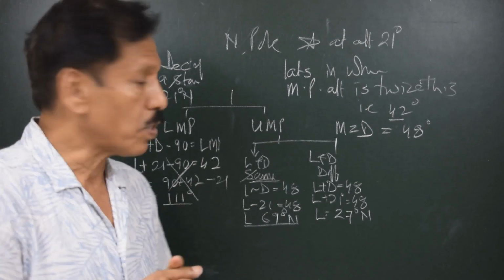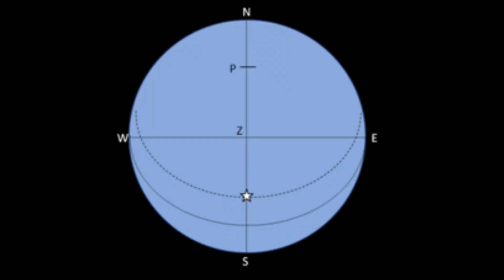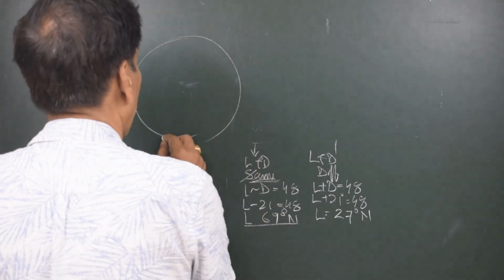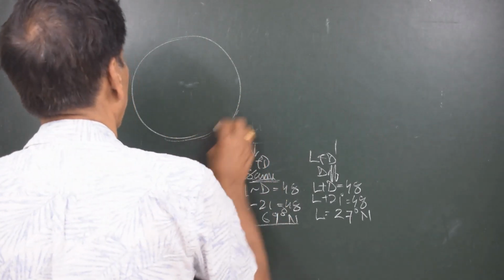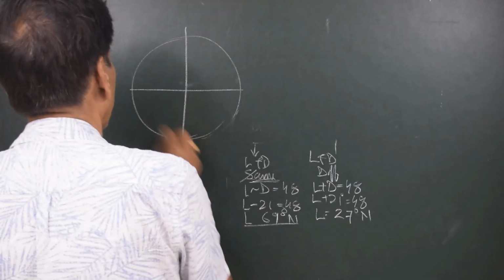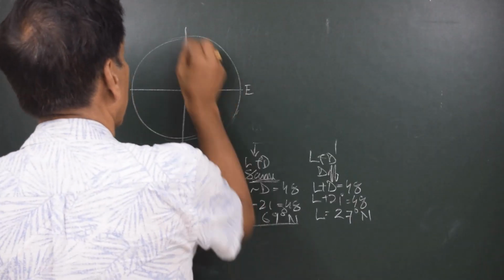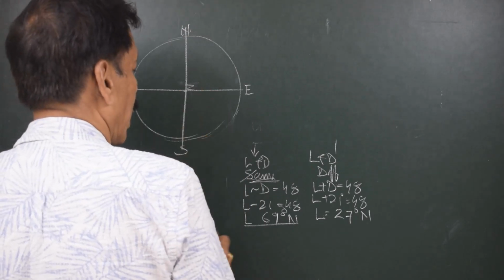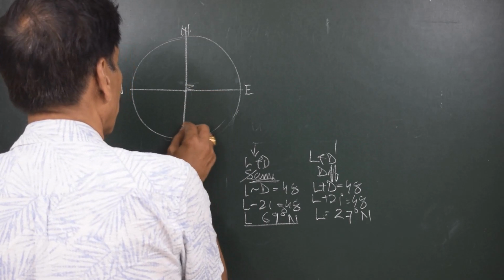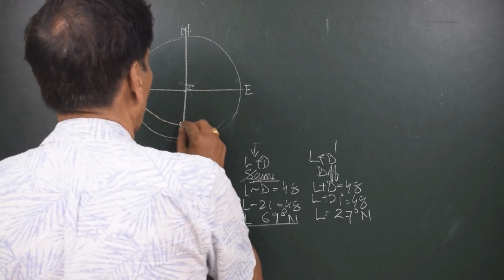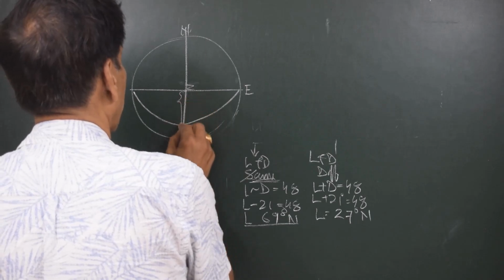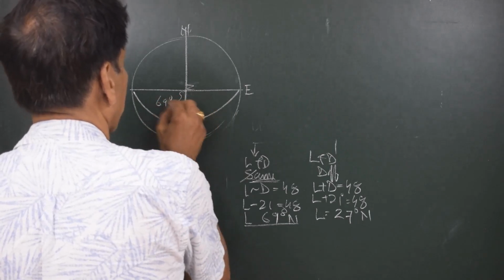We will see how it can be possible through the diagrams. So one situation is 69 degrees north. We write down V, north, south, Z. 69 degrees north means the equinoctial comes very low like this. This is Q, and from here to here is 69 degrees.